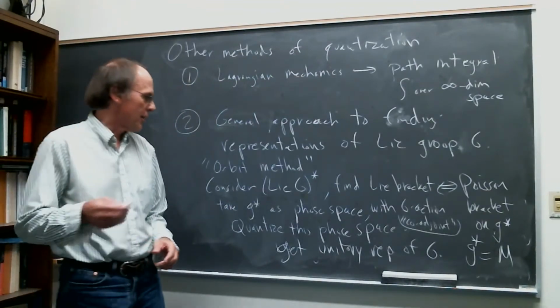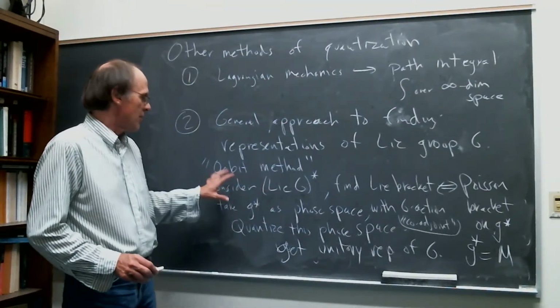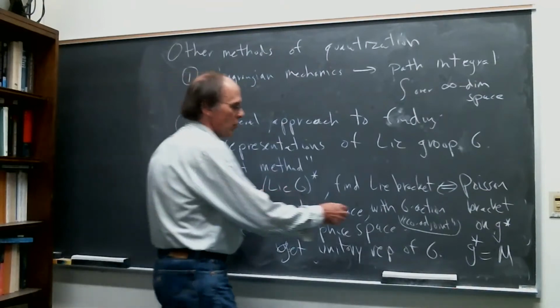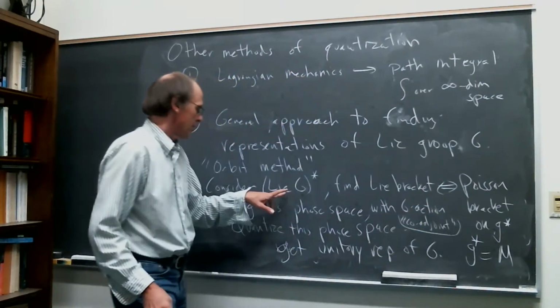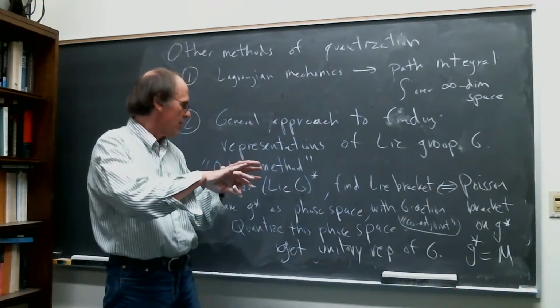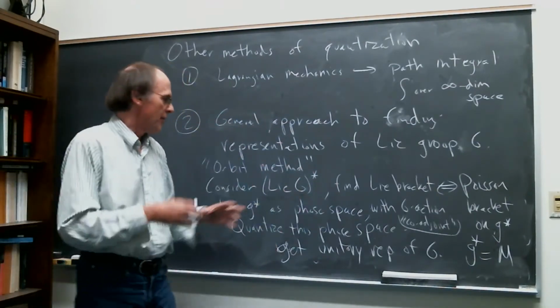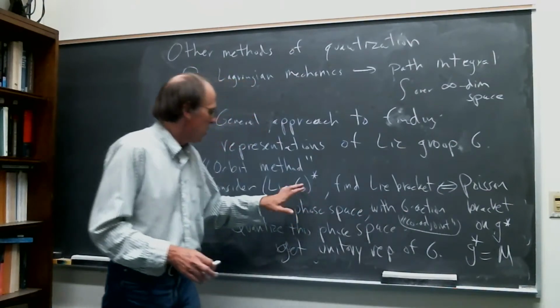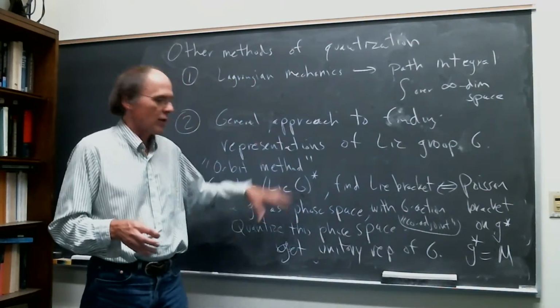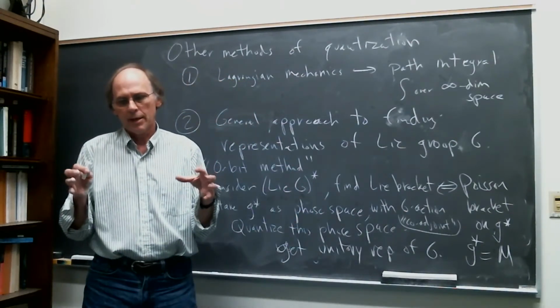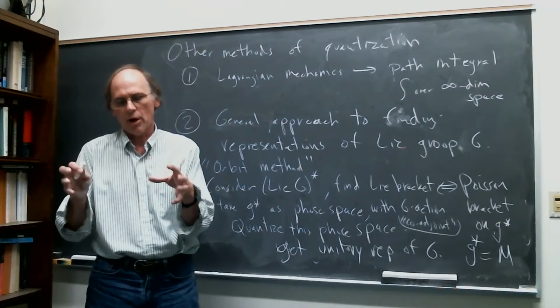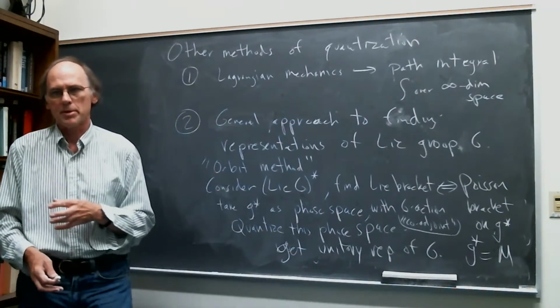And it turns out that the way G acts on Lie G star, it doesn't act transitively. It breaks it up into lots and lots of different orbits, and the different orbits of this action, in this philosophy, are supposed to tell you that if you pick any one of those and try to quantize it, you should get an irreducible representation.